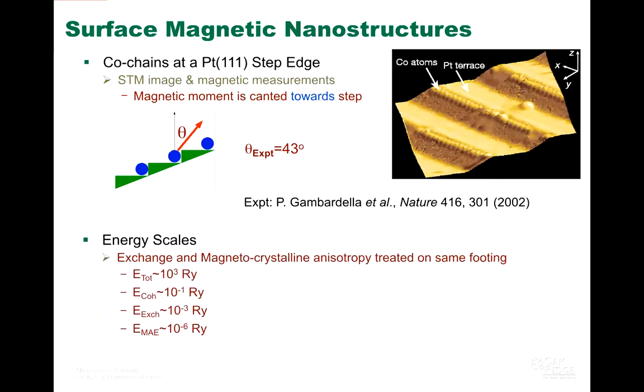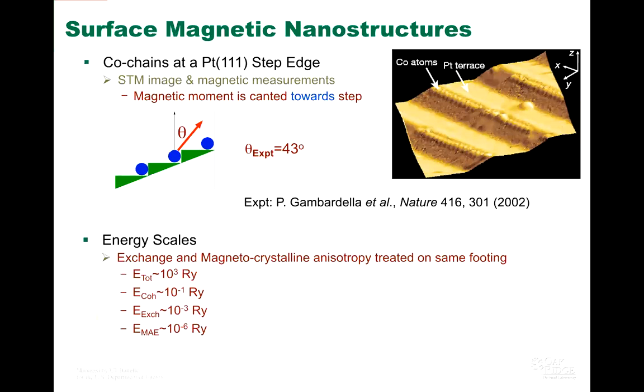And we have to deal with quite a number of length scales, energy scales, and consequently time scales that are relevant here. The total energy of the system is of the order of thousands of Rydbergs. Oh, by the way, one Rydberg is the ionization energy of a hydrogen atom, so that is 13.6 electron volts.